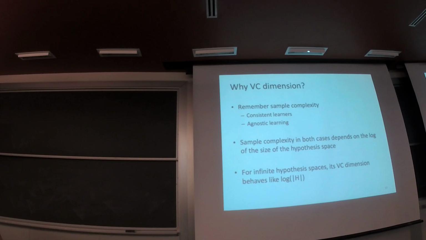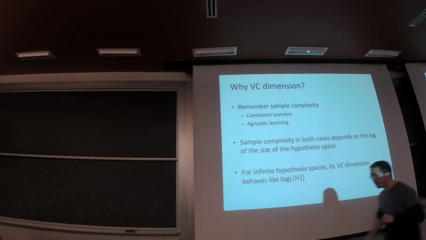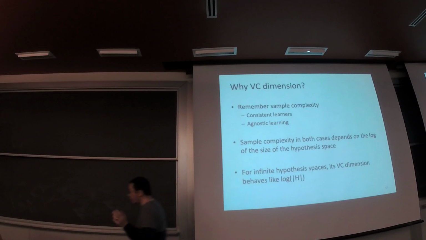Then we need a new measurement of the expressiveness or flexibility of your hypothesis space. That leads to the invention of the VC dimension. So we can consider VC dimension to behave like the logarithm of the size of the space. Okay, so let us continue on to the next one.